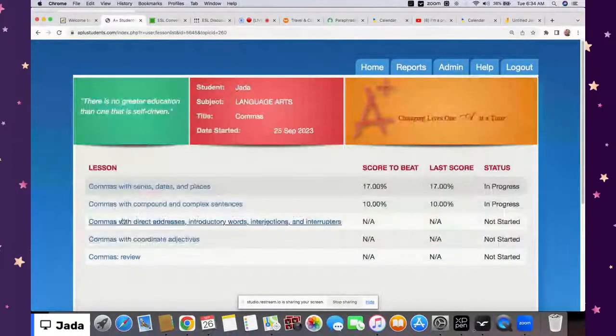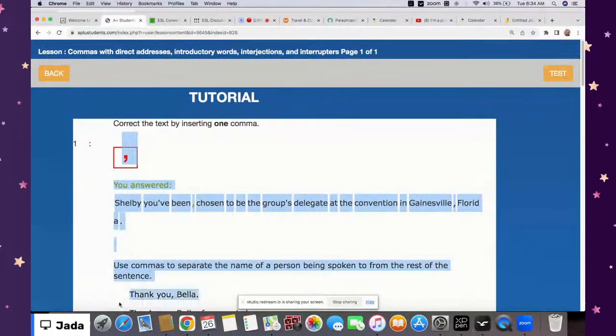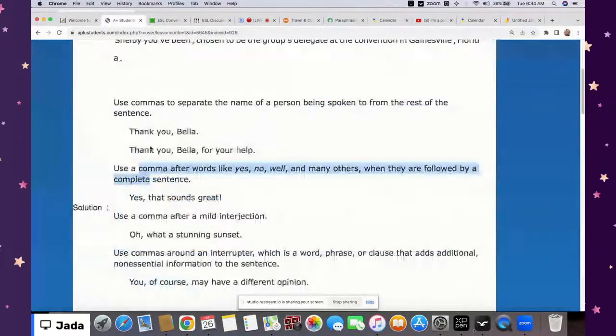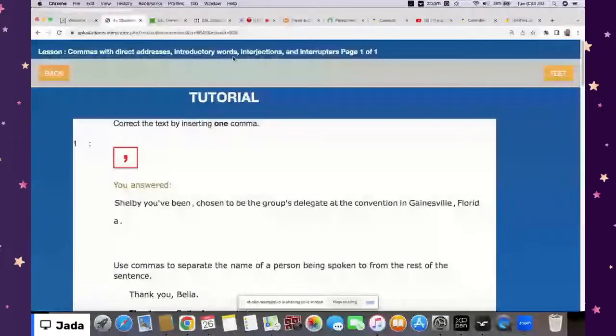So the next lesson is commas with addresses, introductory words, interjections, and interrupters. Okay? So take note, we have the direct addresses, introductory words, interjections, and interrupters.